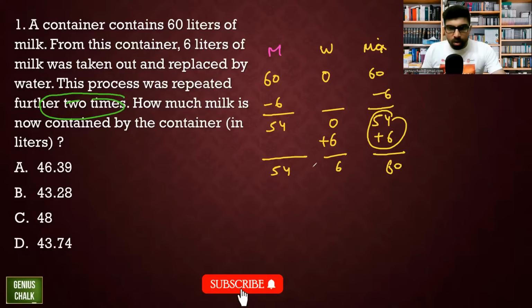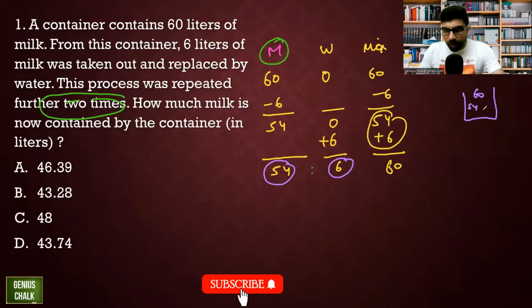Okay, now you see 54 is milk and 6 is water. Now the point is that we have a mixture to draw something from, right? 54 milk, 6 water. We are not having pure water and pure milk. It's a mixture. In this container, total is 60, in that 54 milk and 6 water. So the concept is again the same concept which we have been discussing in all the sessions, that these things are in a mixture in this ratio.